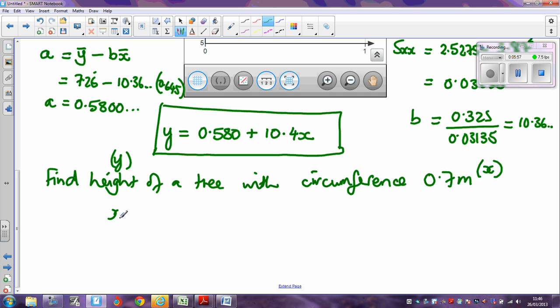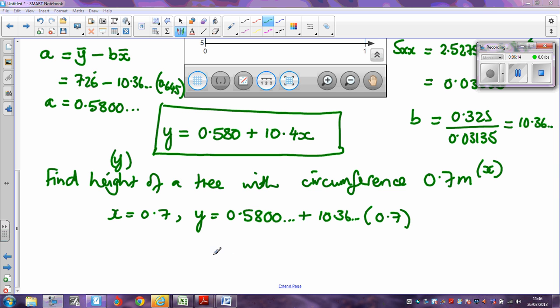So what we're saying here is when x is equal to 0.7, y is going to be 0.580 plus 10.36, which you've saved in your memory, multiplied by 0.7, and if we work that out, y comes out as about 7.83 meters, which would be fine.